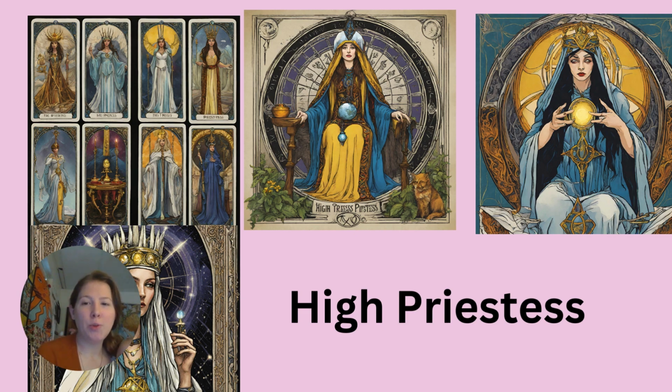Because you have the two candlesticks almost, and then in the center is almost like this magical decoration, I guess you would say, right? And it's almost like you're trying to define here what the High Priestess looks like to you.